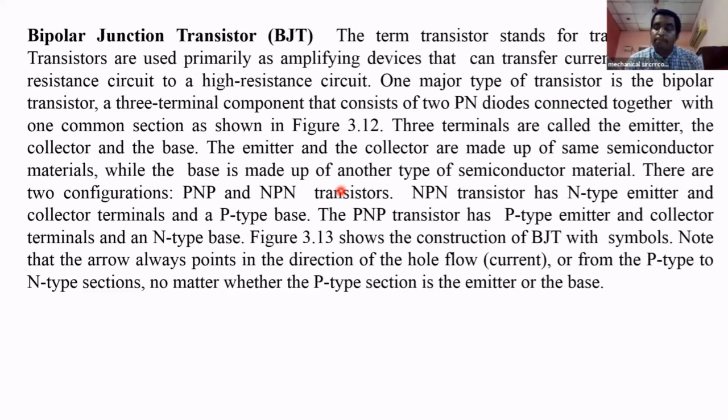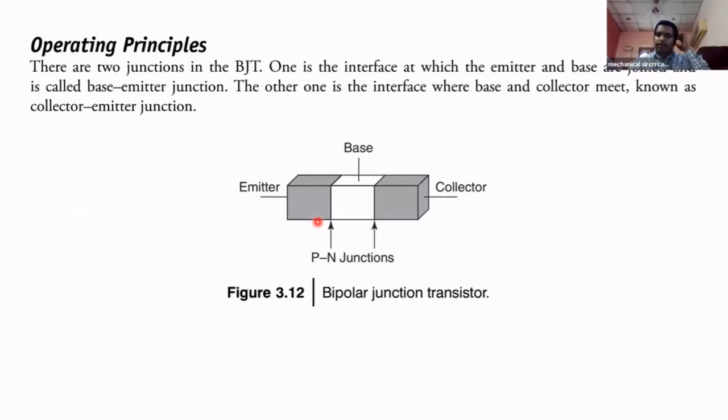That's why it is called bipolar junction transistor. Simply, it looks like a sandwich of two PN junctions.